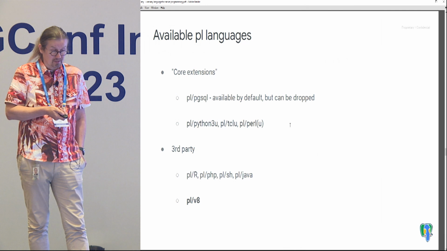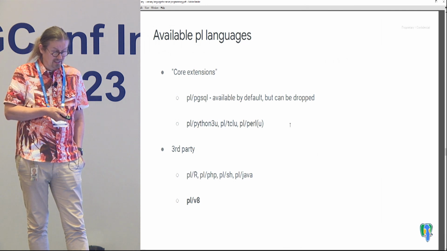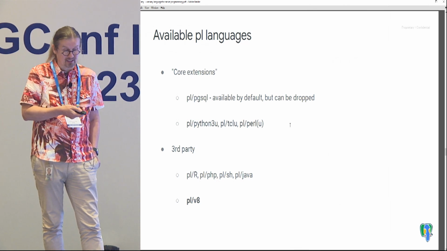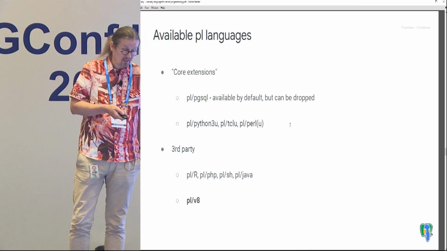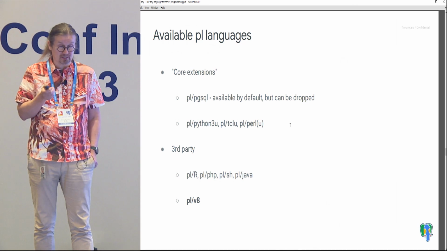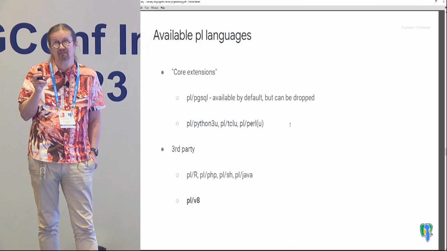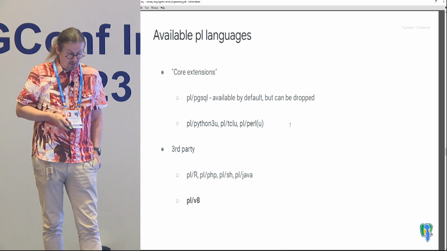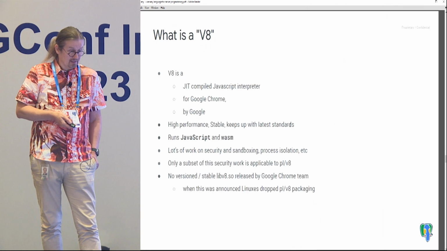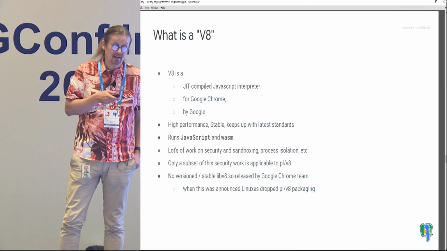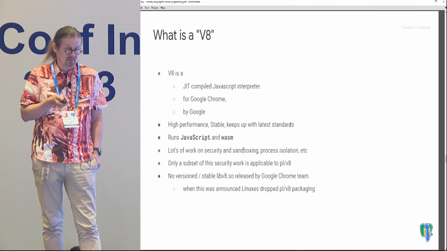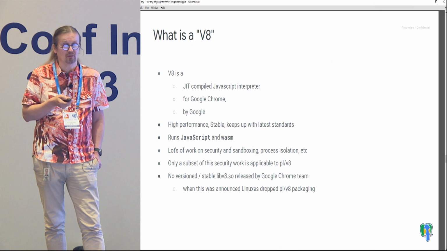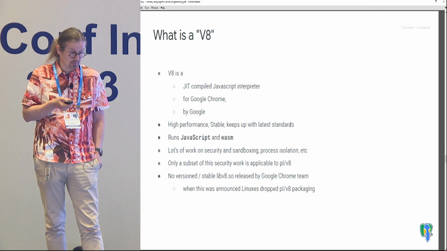And then as third party, the ones I have seen actually used in production are PL/R, PL/PHP, PL/Sh, PL/Java. There were actually two versions of PL/Java. One was in-process Java, the other was something that calls out to a running Java server. And then PLv8. PLv8 is a PL built around Google's V8 JavaScript engine, which is really powerful, just-in-time compiled JavaScript.